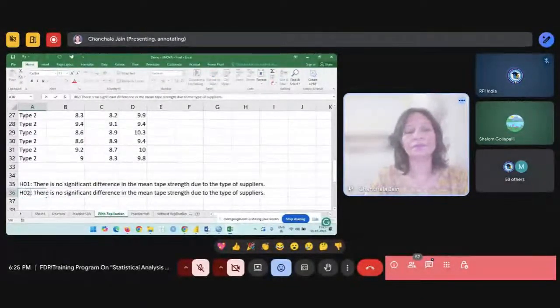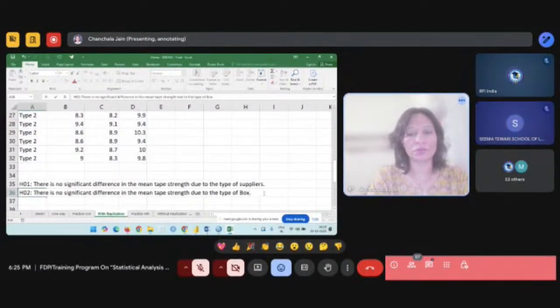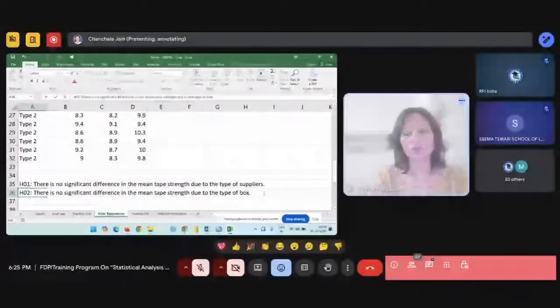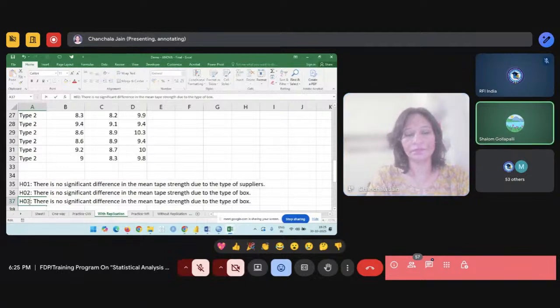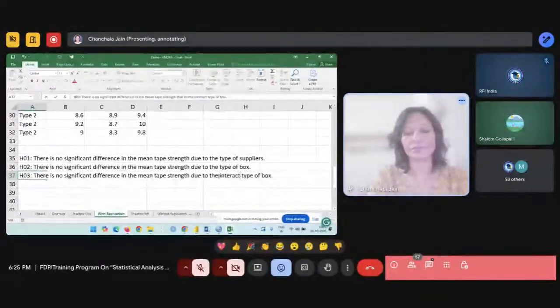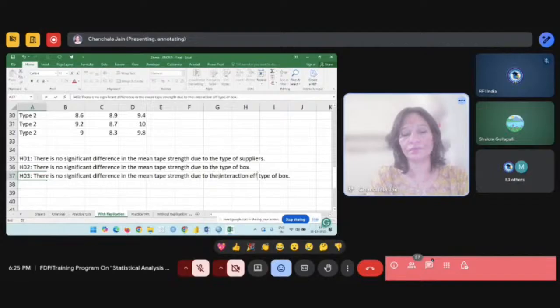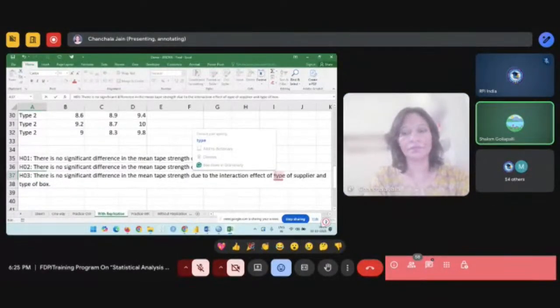Second will be there is no significant difference in the mean tape strength due to the type of box. Third will be there is no significant difference in the mean tape strength due to the interaction effect. So tape and type of box. Done.